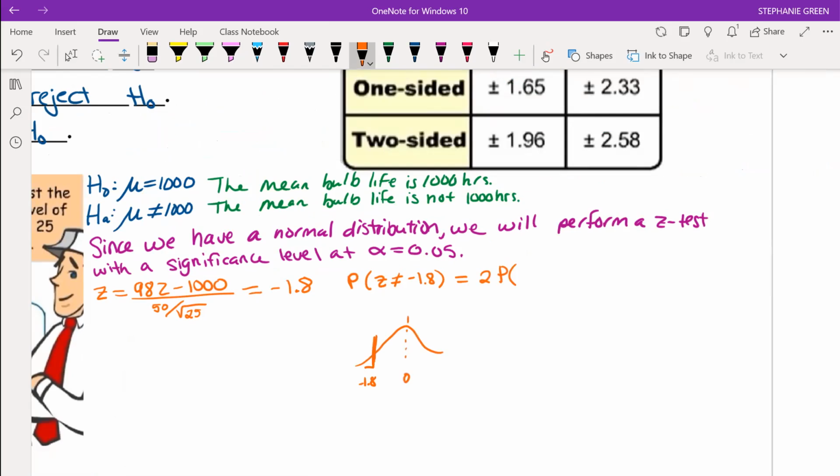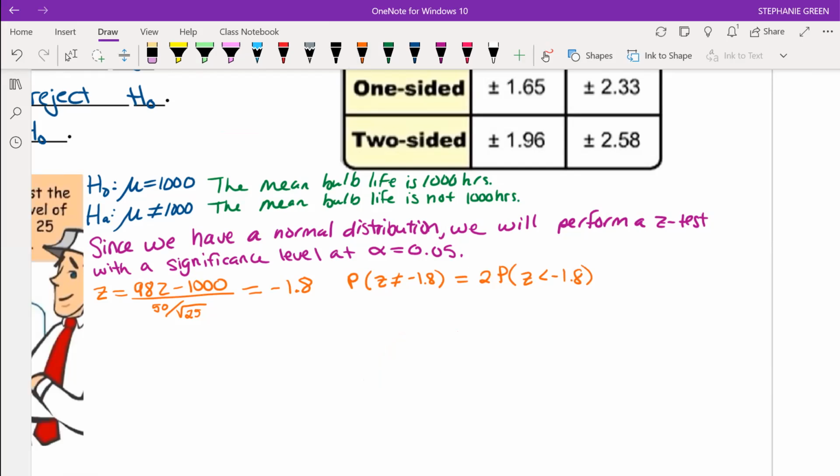We're looking at this tail, so we would want z to be less than negative 1.8. I also want to include the upper tail, which is exactly the same size as the lower tail. So rather than looking at below negative 1.8 and above positive 1.8, we can simply multiply that probability by 2 because those tails are equal.